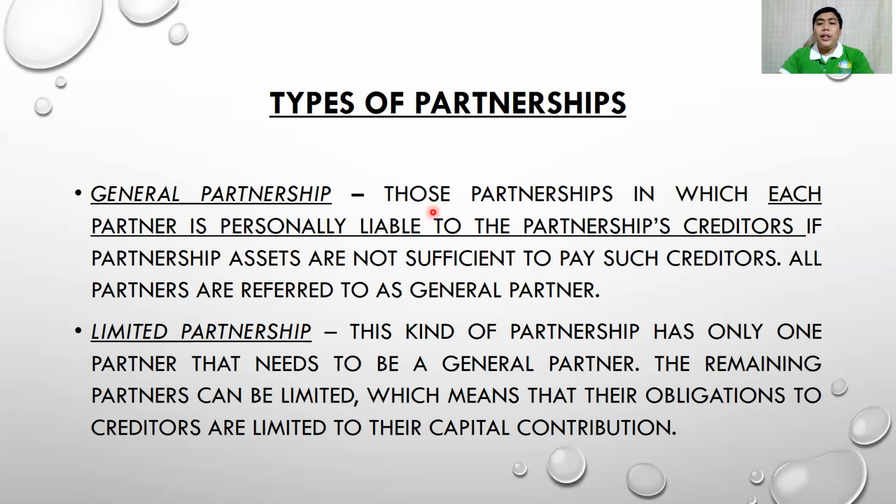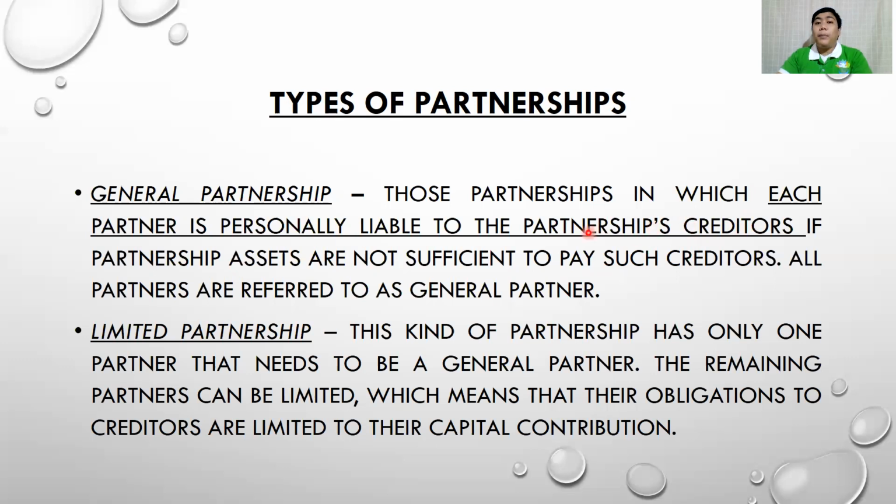So a general partnership, those are partnerships in which each partner is personally liable to the partnership's creditors. Okay? This is the primary difference between the general partnership and a limited partnership. It's because in the general partnership, all of the partners are considered general partners.